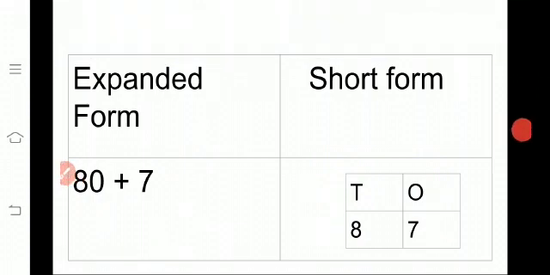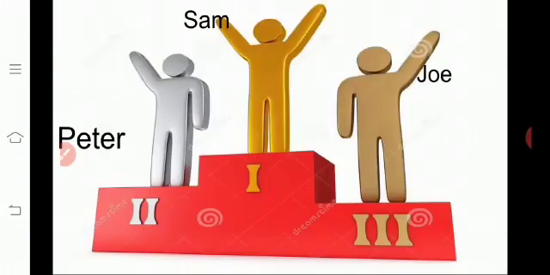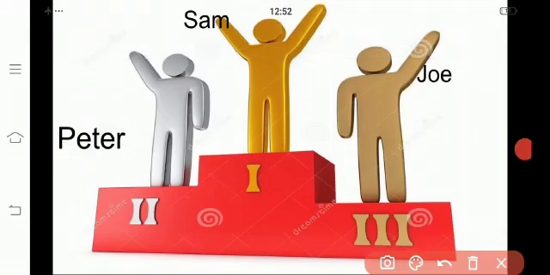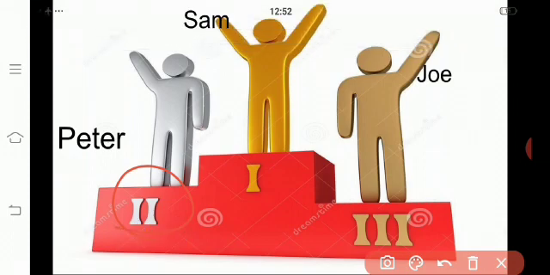Okay, children. Before we see the topic, we are going to discuss a few things. Look at the victory stand. Listen children, here who gets first position? Yes, Sham gets first position. Is it children? Now can you tell who gets second position here? See, here is the second position. Who gets second position? Peter.